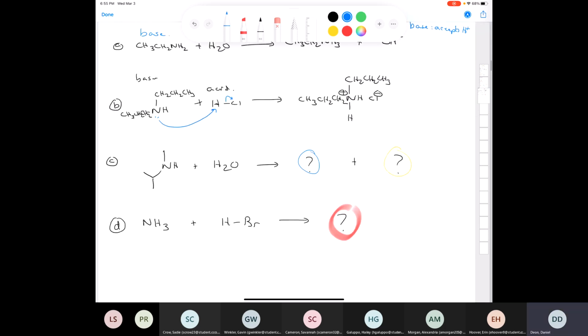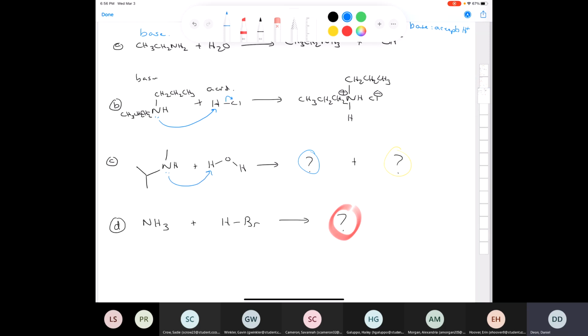The next one is an amine plus water. This is my bond line structure. I'll clean it up a little bit here. So you have a methyl group and an isopropyl group. So it's isopropyl methylamine plus water gives you what? Well, again, we know that an amine is a base and water will behave like an acid. And so the pair of electrons on the nitrogen is going to take the hydrogen, right?